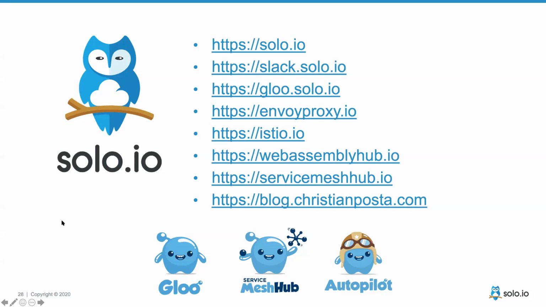Now, the problem with that is the operational overhead and management of that. From a security standpoint, from a failure domain standpoint, a high availability standpoint, that is the right approach, but that puts a lot of burden on operations. And we didn't talk about it today, but that's where our Service Mesh Hub product comes into play.